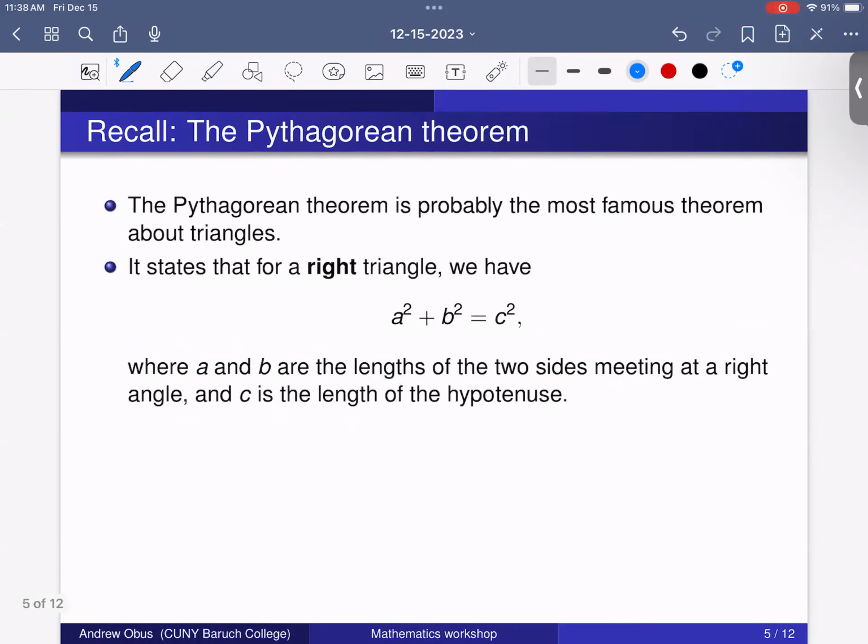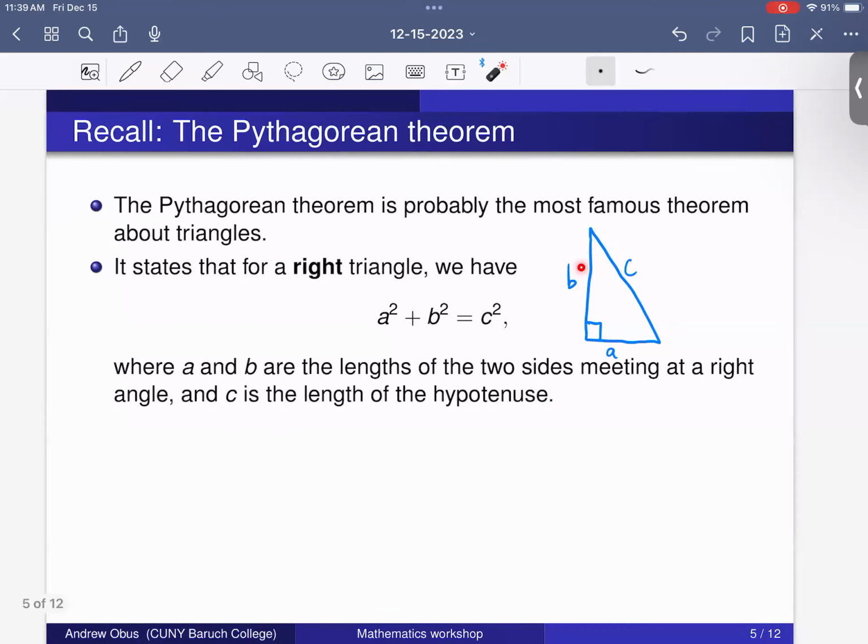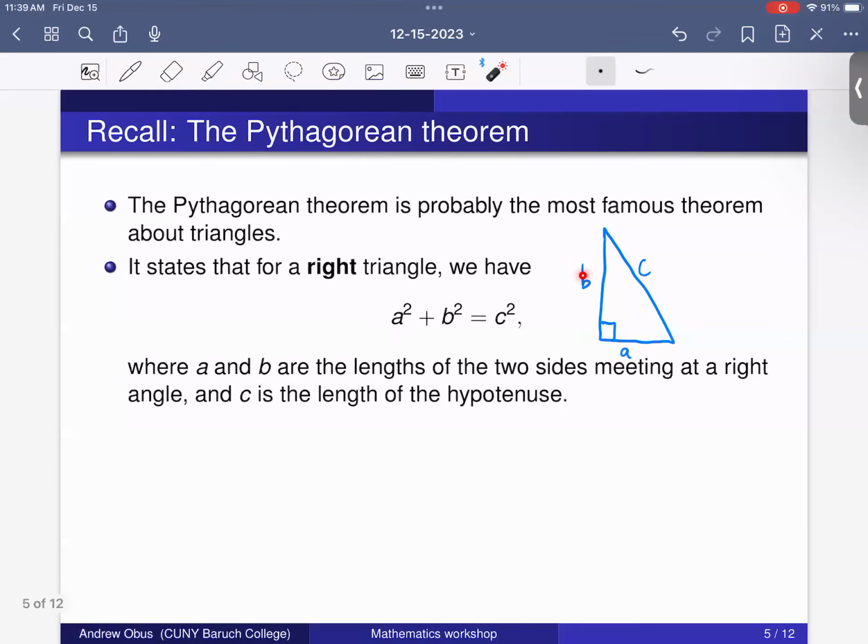Then we had a second result, the Pythagorean theorem, which says that for a right triangle, meaning a triangle with a right angle, if we label the sides A, B, and C, it doesn't matter how I label A and B, those can be switched. What's important is that C is the hypotenuse, the side opposite the right angle.